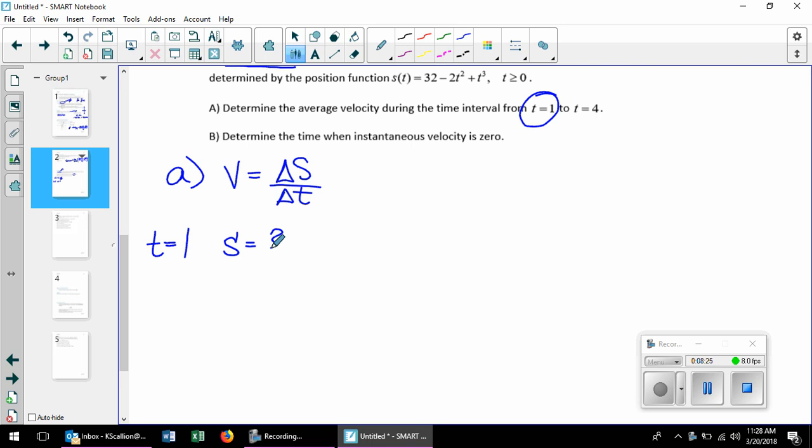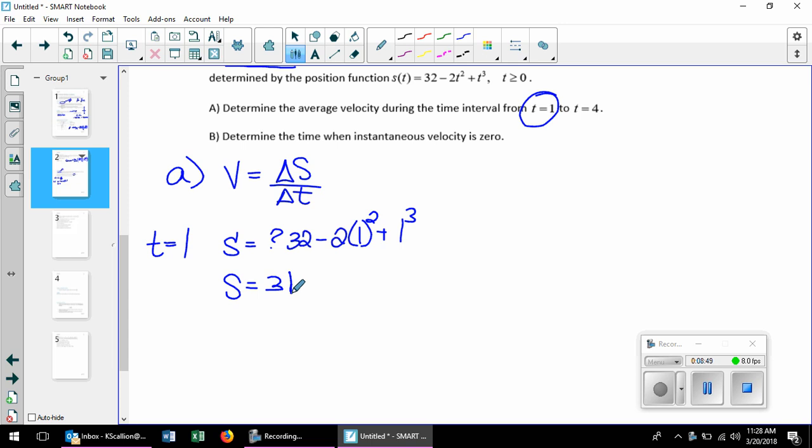How did we get that? I'm just substituting. So 32 minus 2 is 30, plus 1 is 31. Look at that.